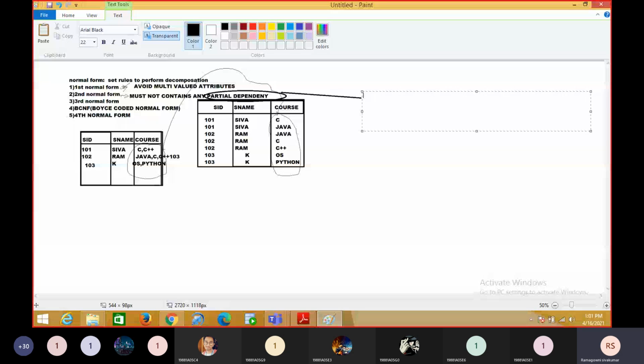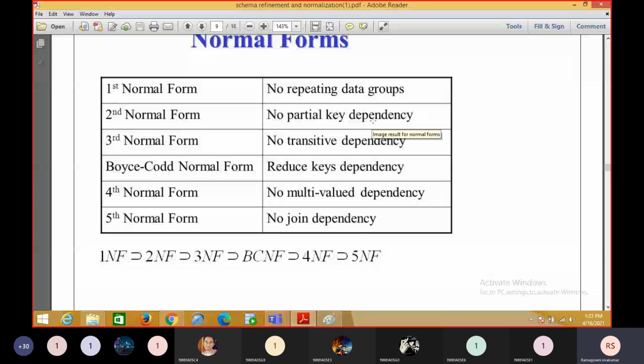Then second normal form. What is the second normal form? No partial key dependency. We are avoiding partial key dependency between the attributes. So I decomposed into two tables. This is second normal form, right? So I decomposed into two tables where we can see here.